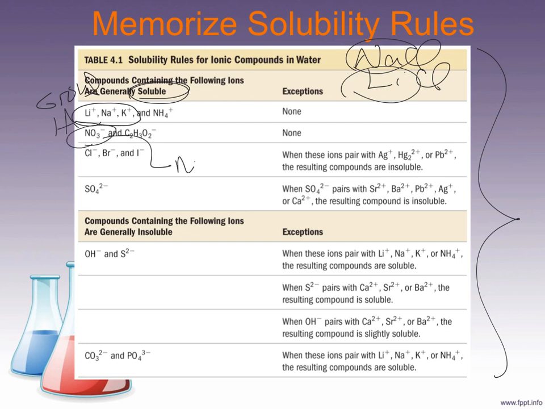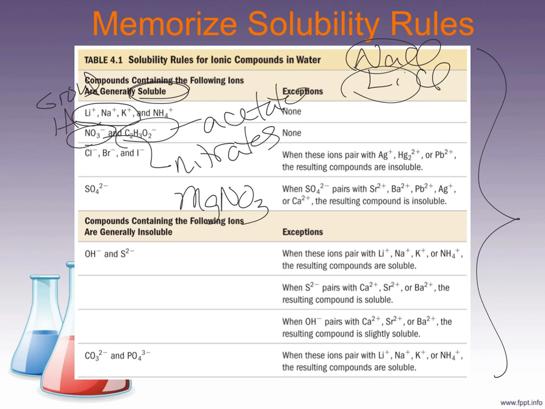Nitrates are soluble. That's ionic compounds that have NO3, so let's do one like magnesium nitrate. These are called acetates. They are soluble. If the ionic compound contains a halide from group 7A as the anion, they are soluble. So magnesium chloride, aluminum chloride, those are all soluble.